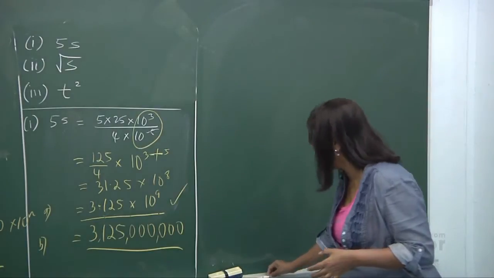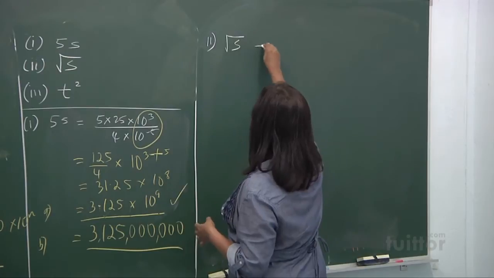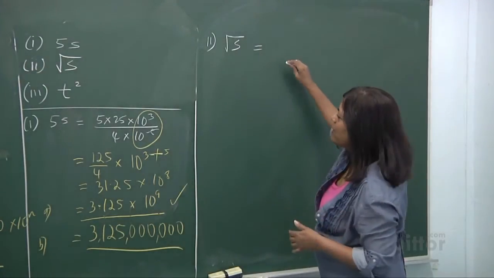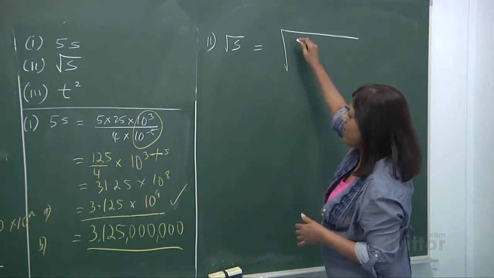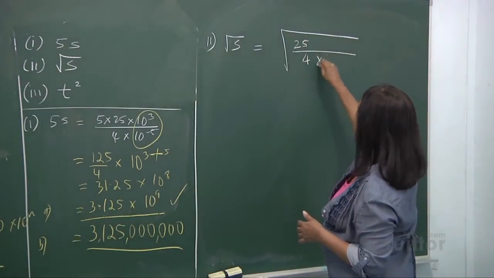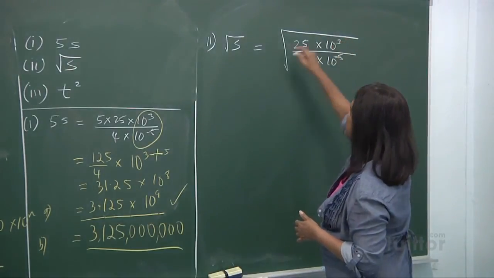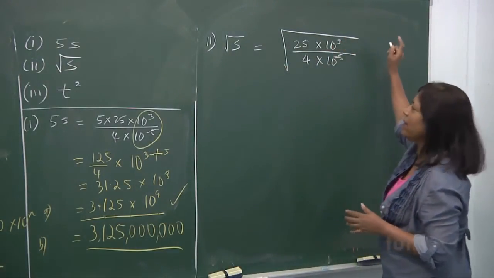Part 2, Kumar. Yep, part 2, square root s. Now what is s? We have to write down square root s, this is s: 10 to the power minus 5 times 10 to the power 3, and we put a square root over it.